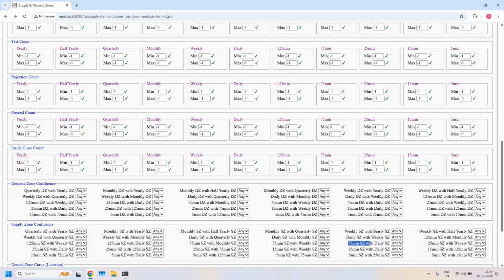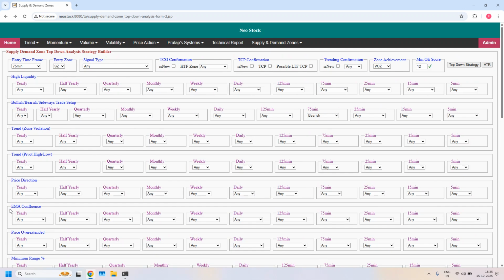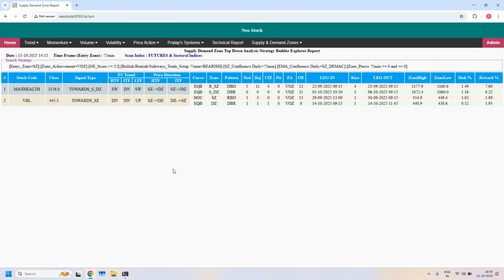That is 75 minutes and daily supply zone confluence, and then EMA confluence on daily time frame with the daily supply zone having daily EMA confluence. 2 stocks are filtered. So these 2 75 minute supply zones might have more high probability to get success, provided the checklist items are satisfied. Otherwise, higher chances of zone violation.